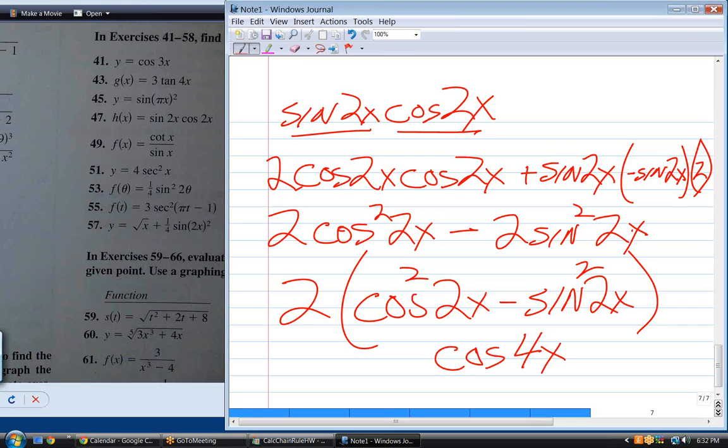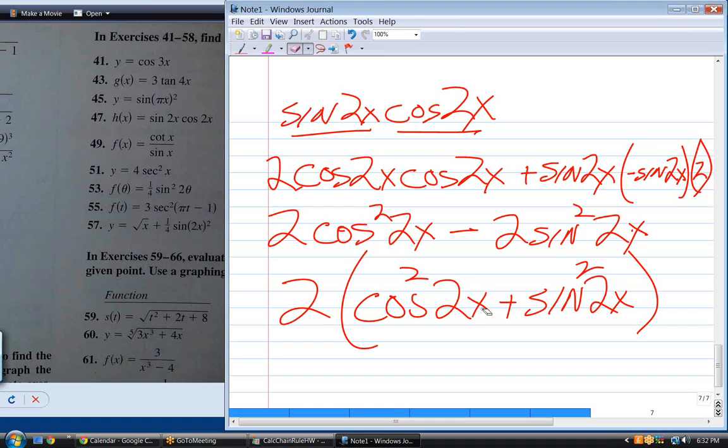Okay. Now, I'm not sure you have to do this last step. No particular reason other than to make the answer a little shorter. If this turned out to be a plus like that, then we would definitely want to turn that into 1. In other words, cosine squared plus sine squared is always equal to 1, no matter what the argument of each is.